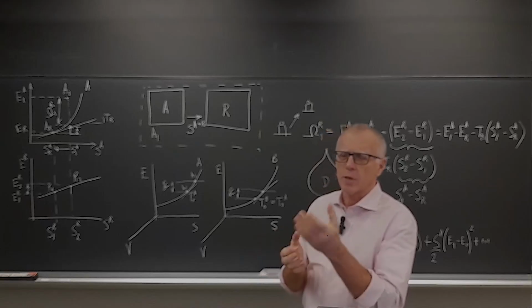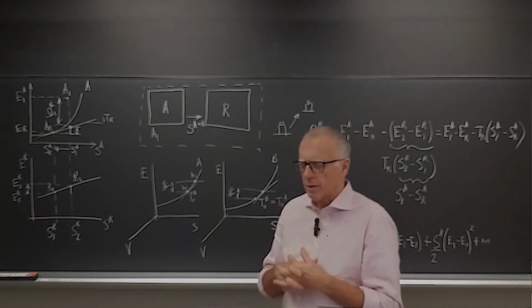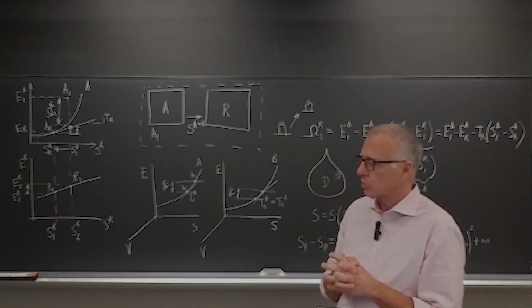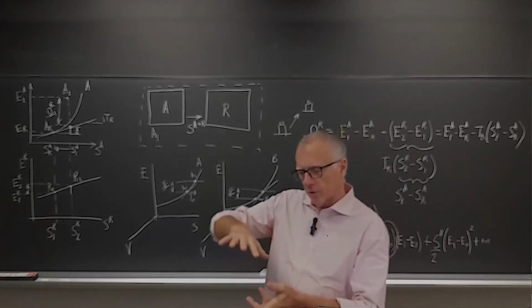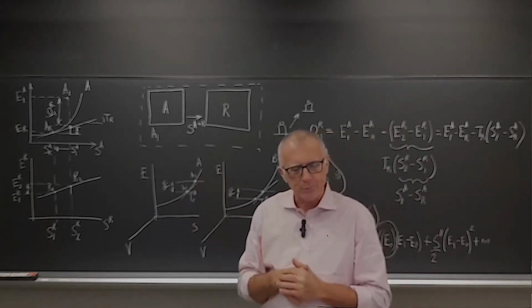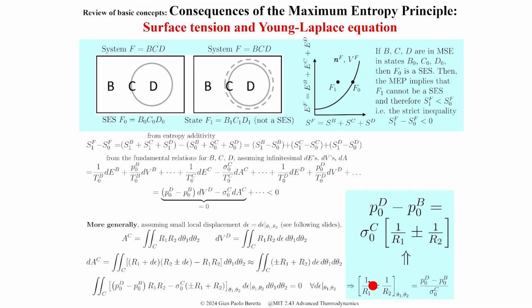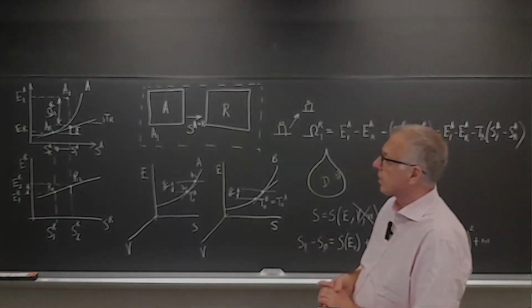If you look up in Wikipedia, surfaces of constant mean curvature, you find that somebody has found a very interesting shape that is more complicated than a sphere. This is the main result, the uniformity of the mean curvature, and this is the standard Young-Laplace equation for a surface with two different radii of curvature.